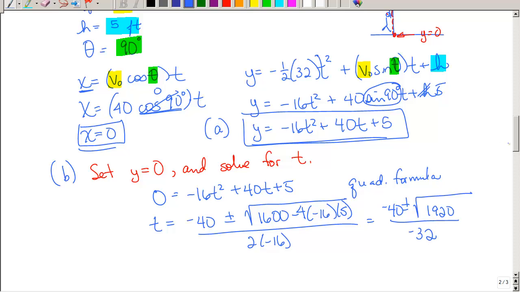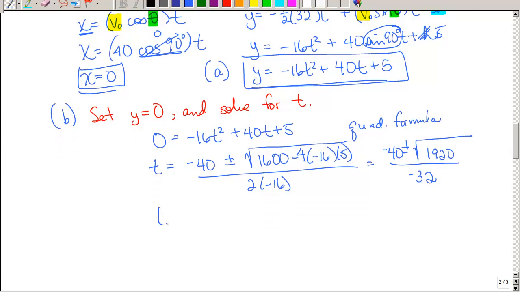I think it's right. So as we plug that into the calculator, your calculator doesn't have a plus or minus sign, so you need to do it two times, one with it plus and then one with it minus, being very careful, and you're going to get two answers. You're going to get t equals negative 0.12 approximately, kind of depends on how you round it, and t equals 2.62. These are in seconds, right?